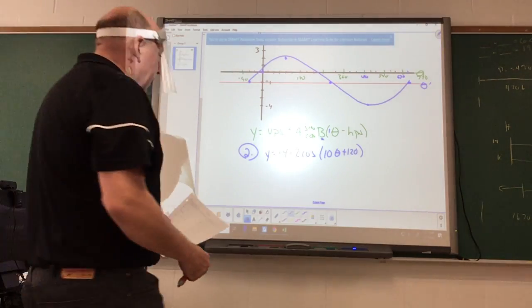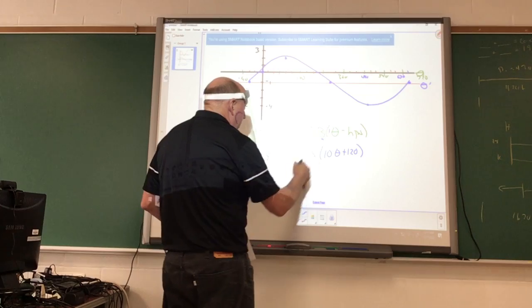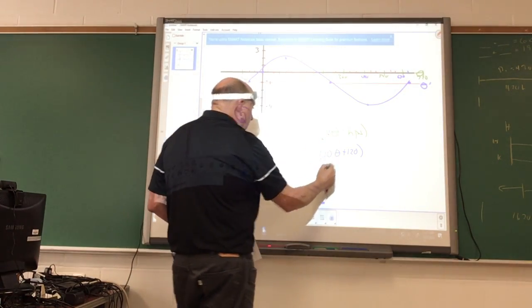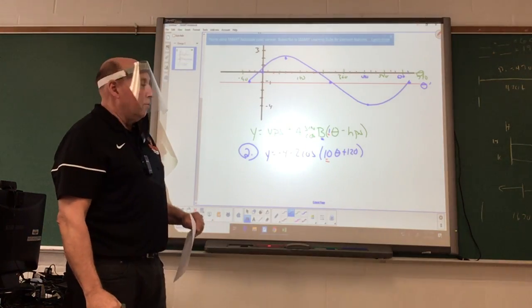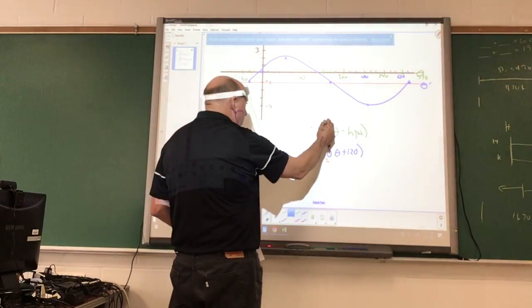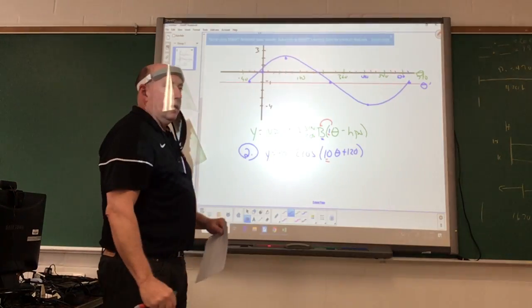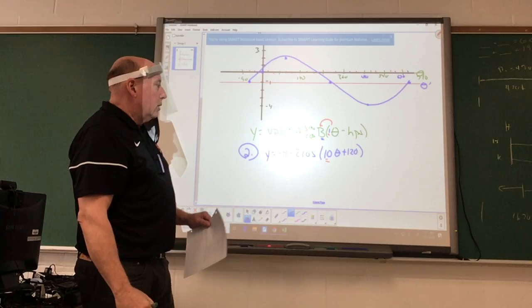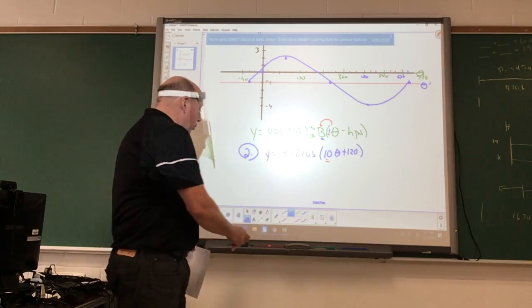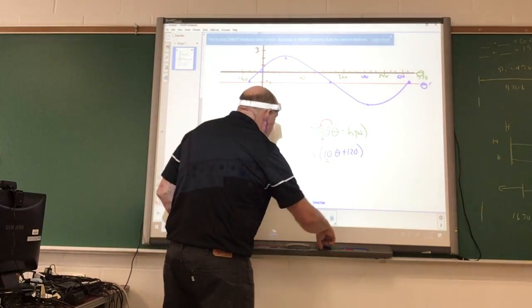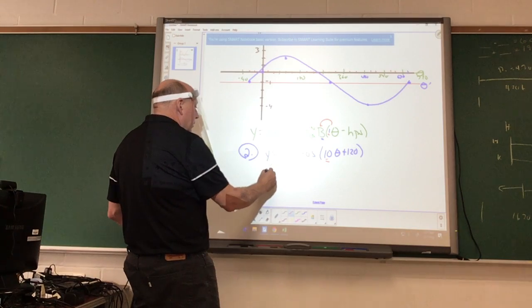The problem we run into is that this value here is 10 and not the value of 1. Our b value is this value out here. So we need to use an algebraic skill to rewrite this.